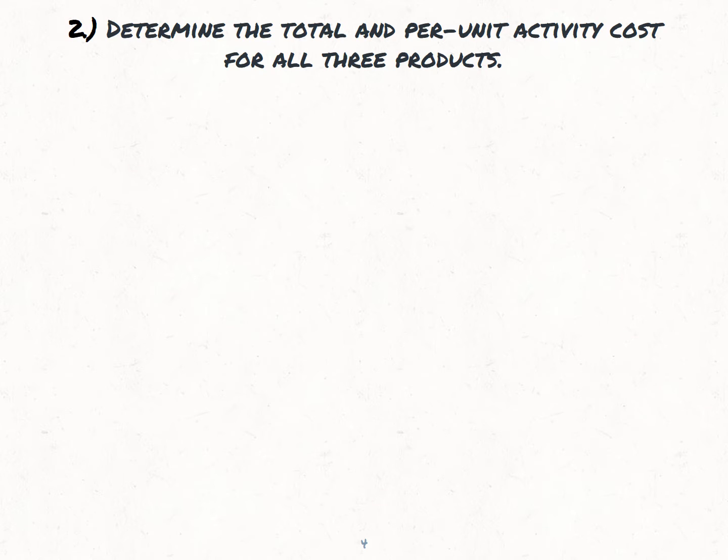Requirement number 2. Determine the total and per unit activity cost for all three products. Since we already identified our activity rates, we can now multiply them with our activity-based usage for each product.